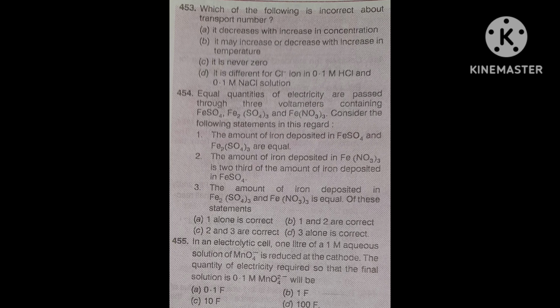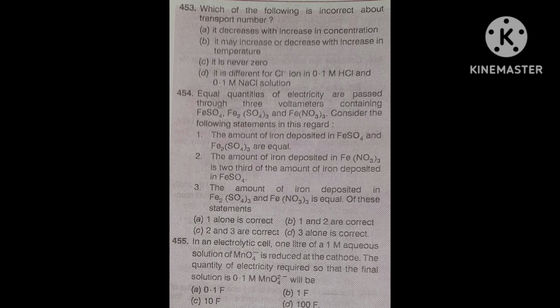F means Faraday. I am reading one more time. Listen carefully, the question is tough. In an electrolytic cell, 1 liter of 1 M aqueous solution of MnO4 1 minus is reduced at the cathode.